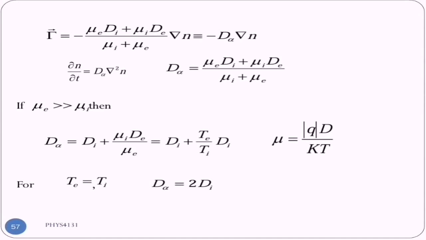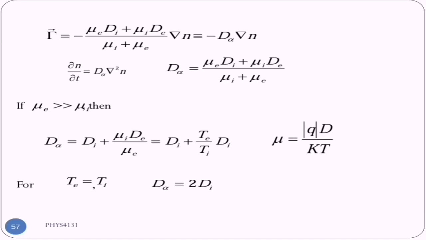As we know, partial n over partial t is equal to d alpha del square n, and d alpha is equal to mu E di plus mu I de over mu I plus mu E. This is Fick's law with a new diffusion coefficient d alpha, called the ambipolar diffusion coefficient. If this is constant, then the equation becomes much simpler, which is given as partial n over partial t is equal to d alpha del square n.